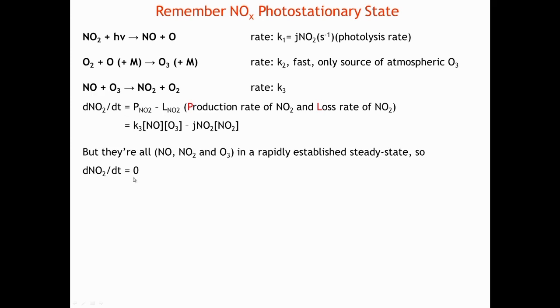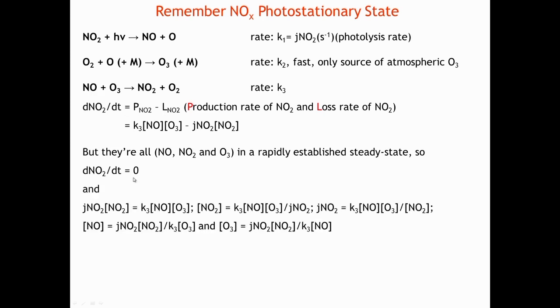And so dNO2/dt is 0. Because all of these are in steady state, you can come up with this whole range of steady state relationships, just as you did for that example in the stratosphere.